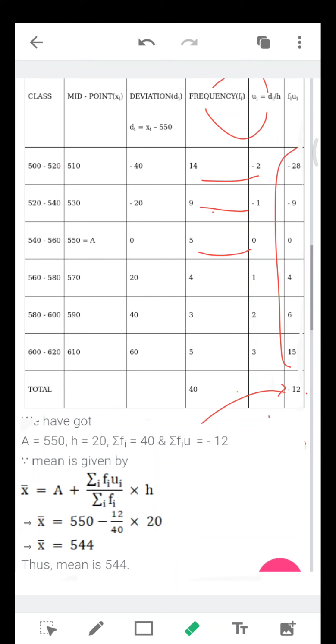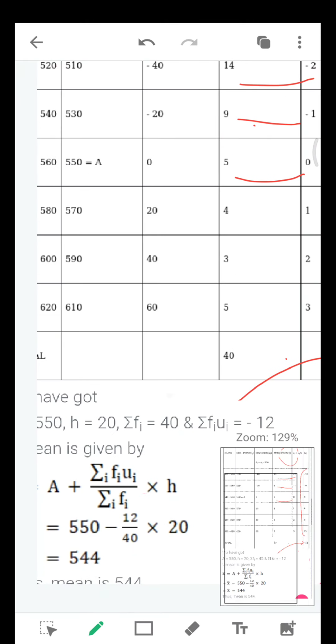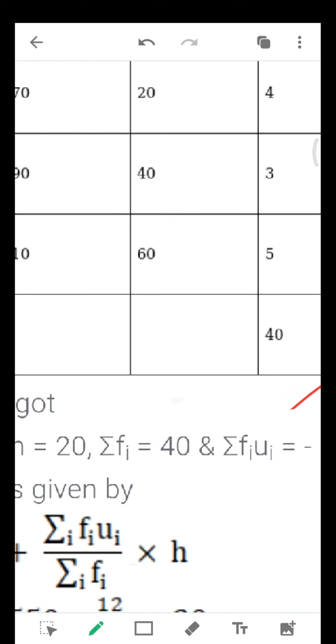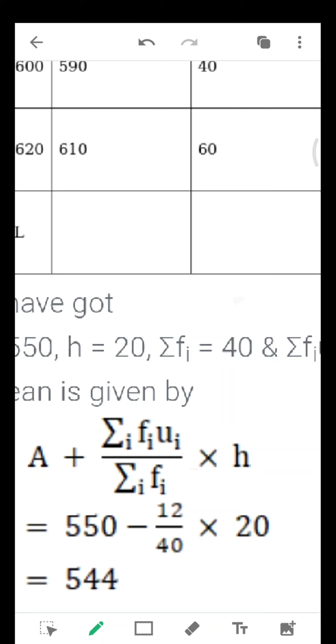Now let's simplify it. You know very well how to simplify. For simplifying, you can cancel this. The simplifying part should be done very carefully because that gives you the mean. So you can cancel this 0 and this 0, then 4 1 times, 4 3 times is 12, then 3 2s is 6. So 550 minus 6 is 544.